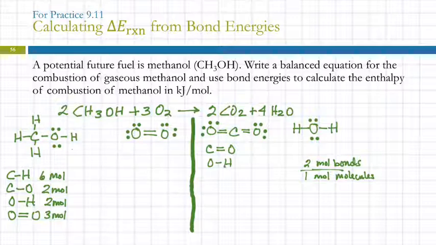How many moles of carbon dioxide are in my equation? 2, right? So I need to multiply by 2 moles of CO2 molecules. So in my equation, how many moles of CO double bonds do I have? 4.